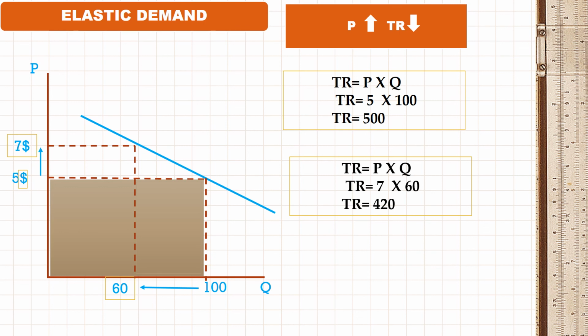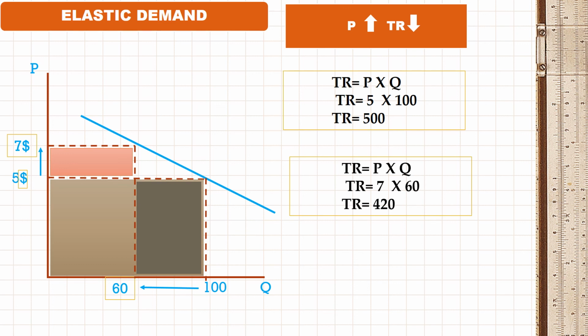So you notice the revenue you have gained from selling at a higher price, which is depicted by this pink box, is smaller than the revenue you have lost. The lost revenue is this grayish box, the difference between 100 and 60, because previously the demand was 100, now it's 60, so there is a big fall.